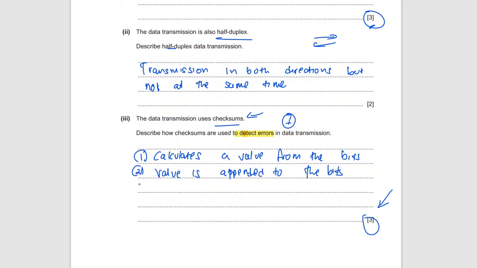And finally, once it's transmitted, the receiver will recalculate the value from the bits and see whether they match. If they don't match, then they will resend it. If it matches, then it's successfully done, there are no errors. But if it's not matching, then there's an error. So that will give you 3 marks. Simple as that.